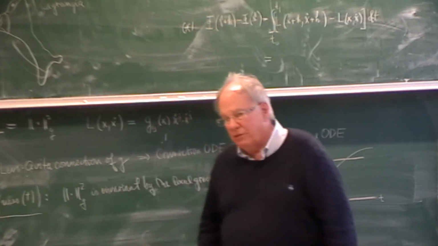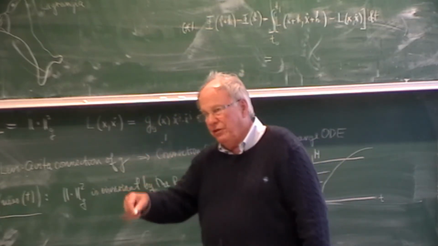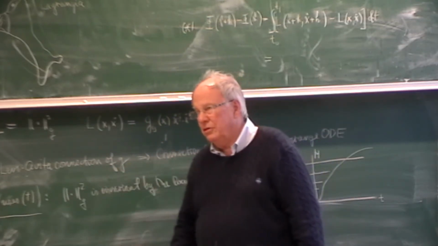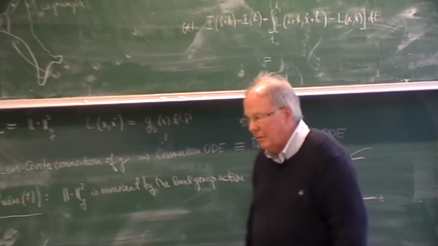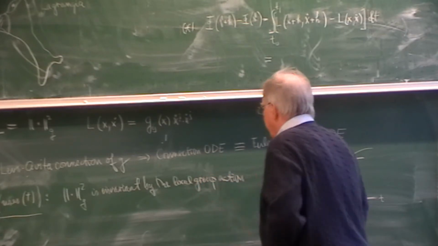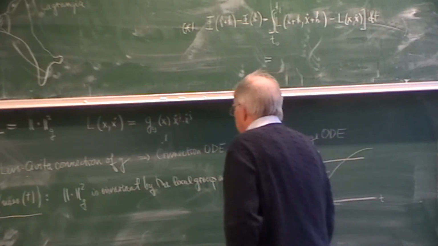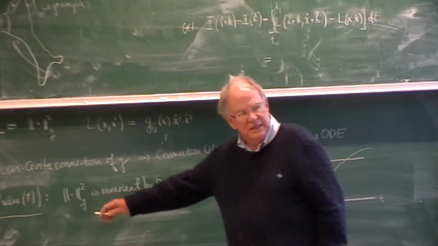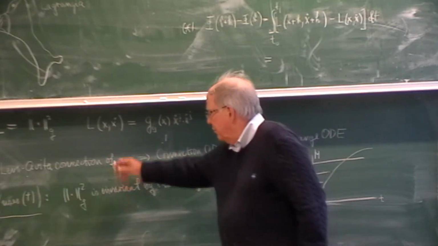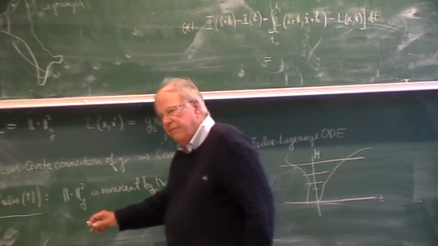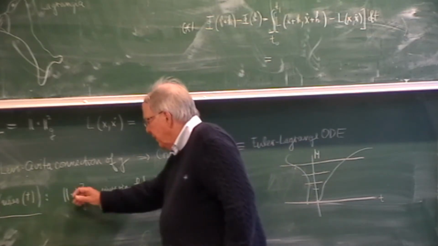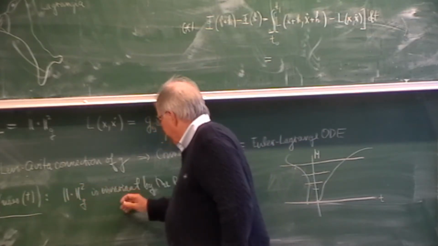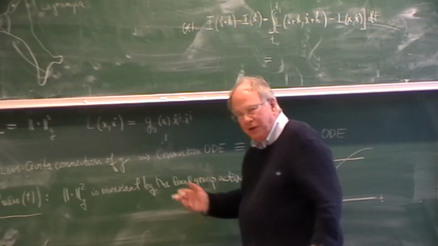Or the vector field kills the function you're discussing. It's constant. Now, this is an easy thing that you can compute, but it must be obvious. It must be obvious that this norm is invariant by the action that defines geodesics.